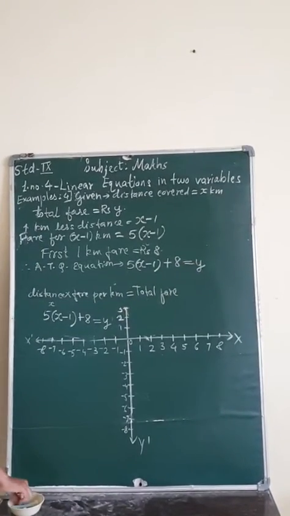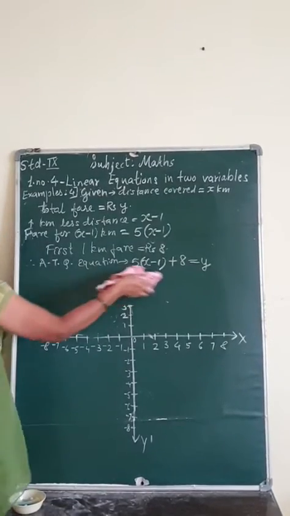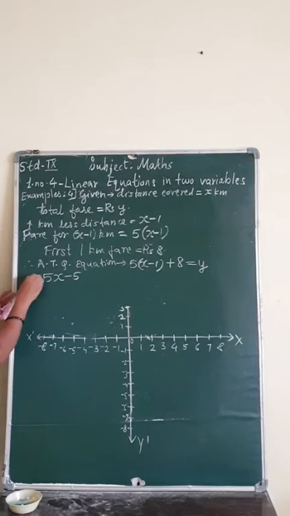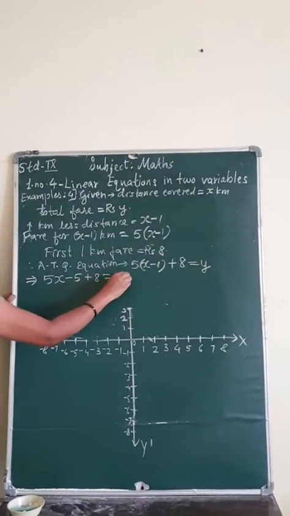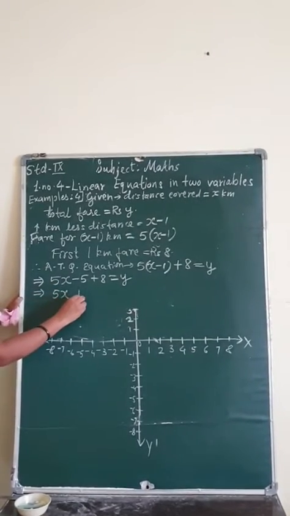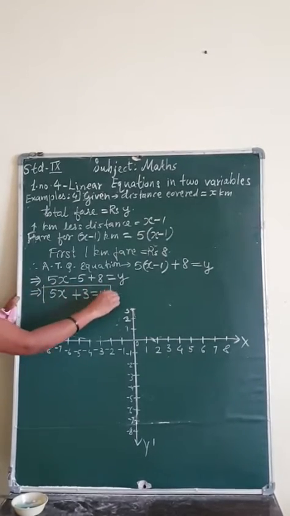By solving this equation, we get 5x minus 5 plus 8 is equal to y. That gives us finally 5x plus 3 is equal to y. So this is our equation.